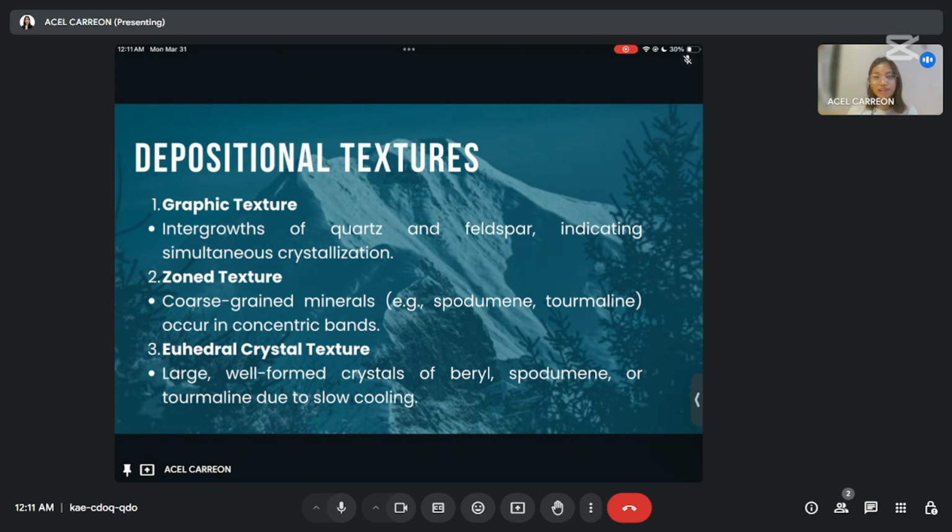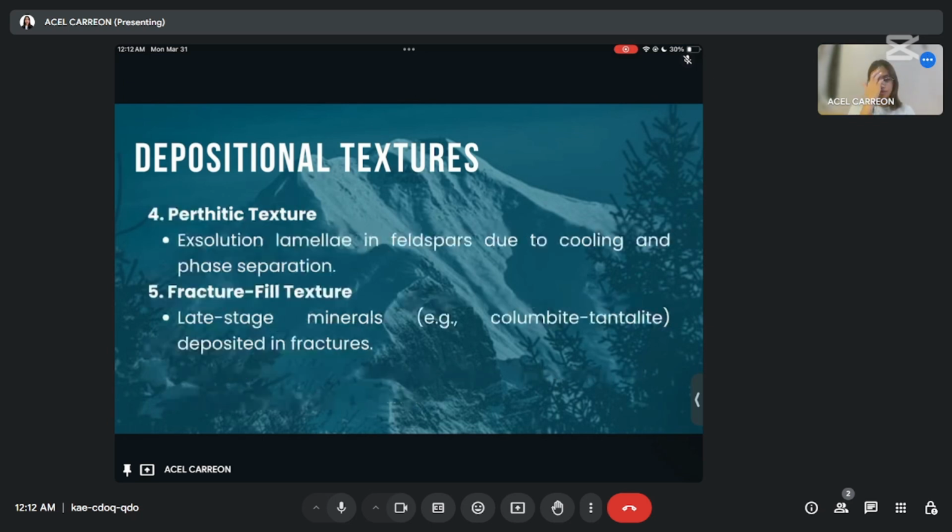We also have the euhedral crystal texture, characterized by large well-formed crystals of beryl, spodumene, or tourmaline due to slow cooling. We also have the perthitic texture, which is the exsolution of lamellae in feldspar due to cooling and phase separation.